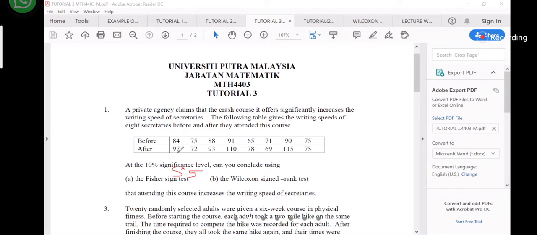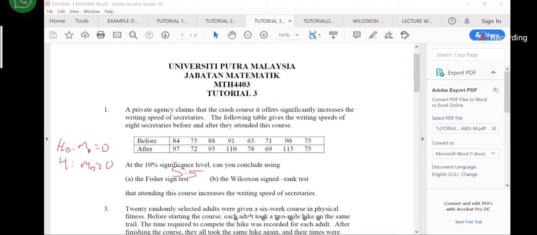H0: MD, the median of the difference, equals 0. H1: MD greater than 0. So after minus before, you get S equal to 5.